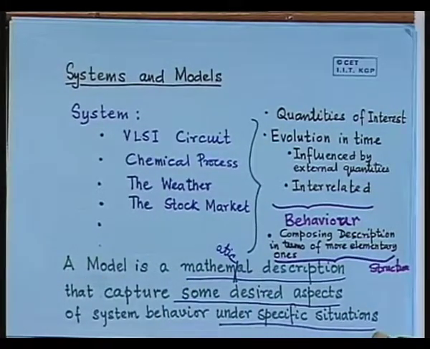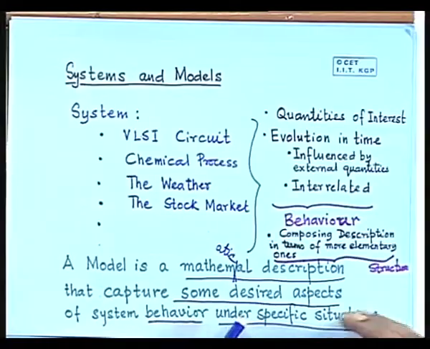So basically a model is a mathematical description of behavior, but it may not describe the behavior under all situations. Because in general, the thumb rule in engineering is keep things as small as you can, serving your purpose.